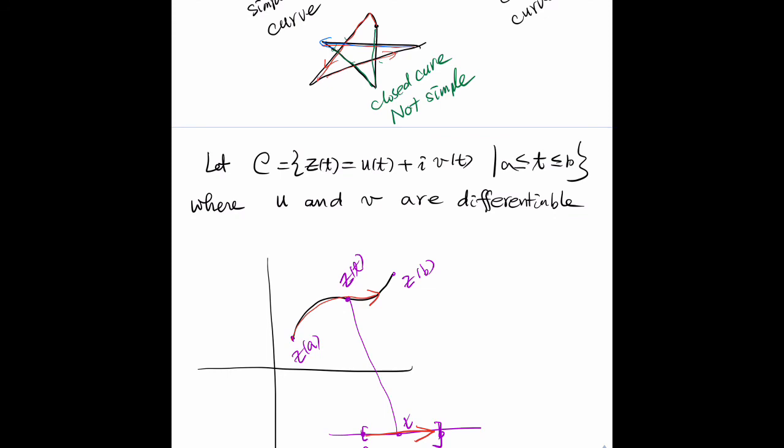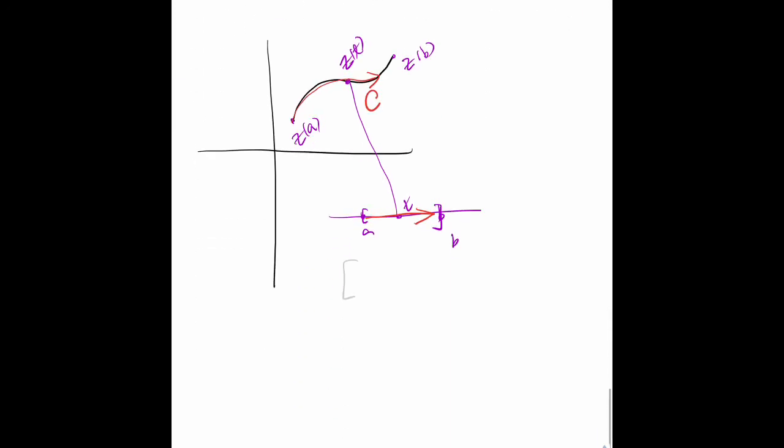And you can compute the length of this curve C. So this is my curve C, and then we can compute the length of C. When you take calculus, you can identify this as (u(t), v(t)), right?